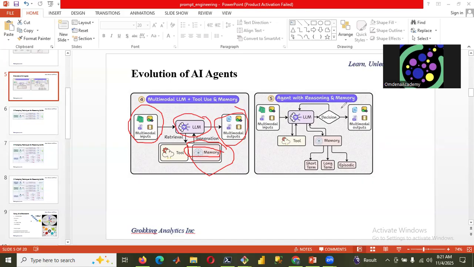Then the other one here is the improved one, which is the agent with reasoning and memory, right? In this case, this memory is one of the major things that happened. Another one is the decision making, right? So when it's bringing the output, you don't just get the output now, but there will be decision making. The decision making is simply to check, is this good?